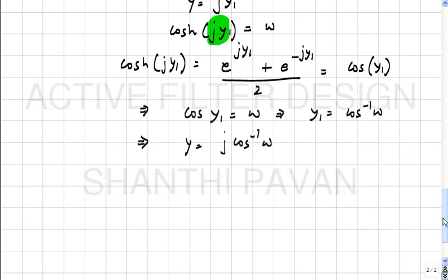So, now that we have understood this, let's try and figure out what Cn must be in the range 0 to 1. So, Cn is cos hyperbolic of n cos hyperbolic inverse of omega.